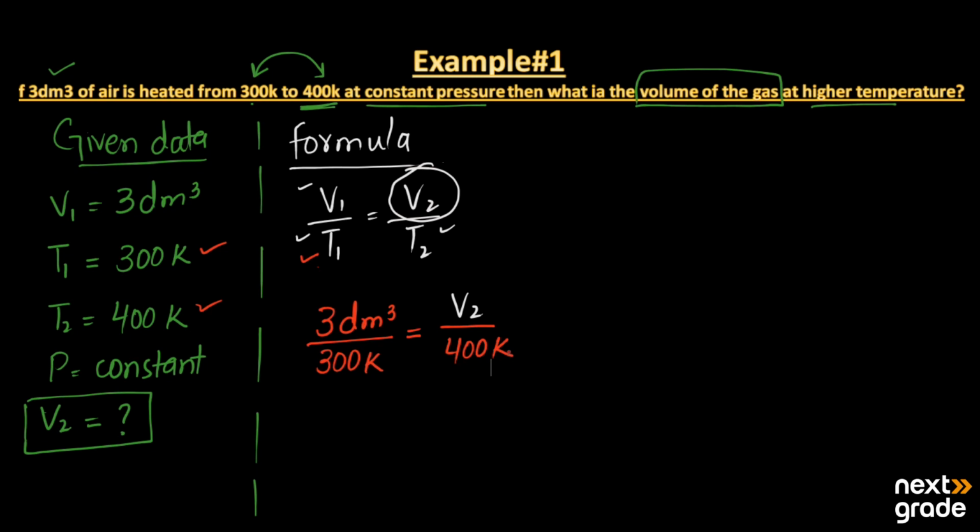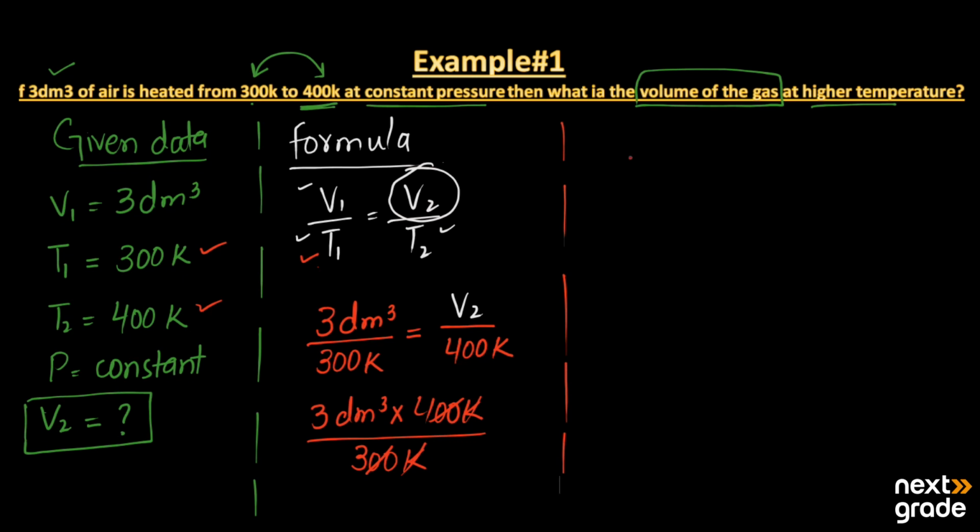By rearranging this, we get 3 dm cube multiplied by 400 Kelvin divided by 300 Kelvin. Now the Kelvin cancels, and we get the V2 value, which is equal to 4 dm cube. So this is the final volume of the gas.